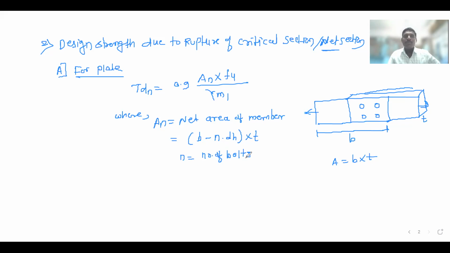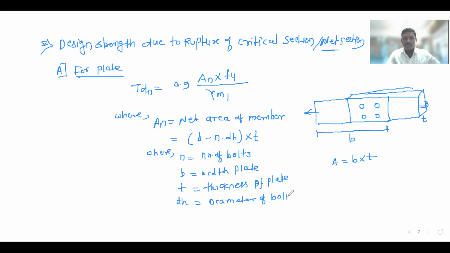Here n is the number of bolts, b is equal to width of plate, t is equal to thickness of plate, and d_h is equal to diameter of bolt hole. Got it? How to calculate net area for plate?